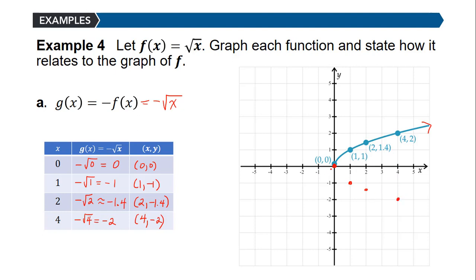So notice that I still get a half parabola, but it's kind of an inversion of the original graph. In fact, if I folded the graph across the x-axis, I would see its mirror image.